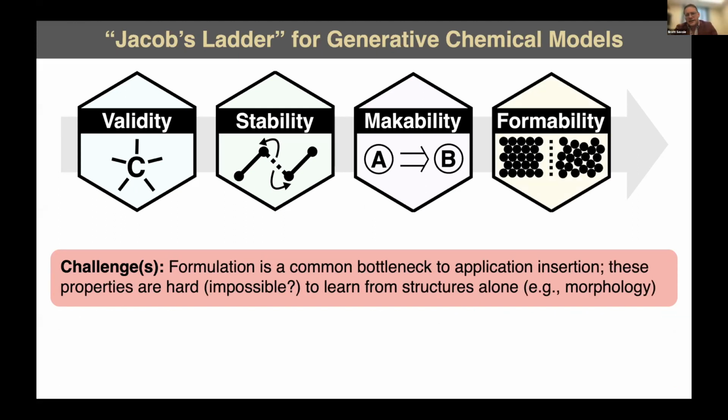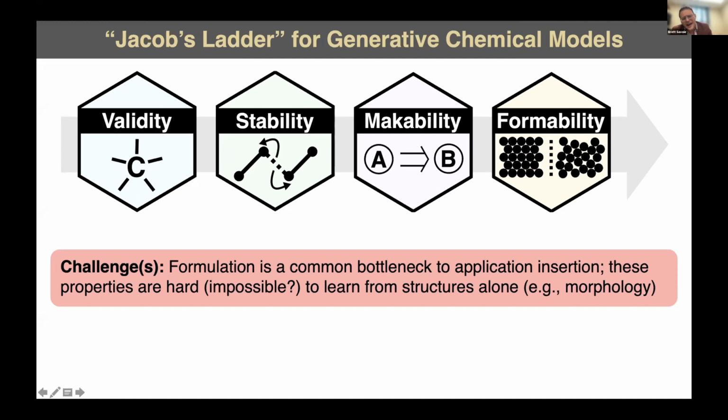Even further down the line, formulation. I put formability here, but I'm really talking about formulation. I don't work on pharmaceuticals, for instance, but if I did, whether or not something crystallizes or is polymorphic is a major concern in terms of the solubility and the release of drugs in the bloodstream. That's one example, but if I was thinking about polymers, the morphology can be a very important component of the properties you care about.